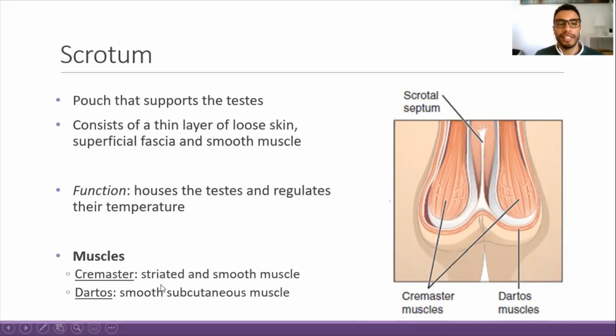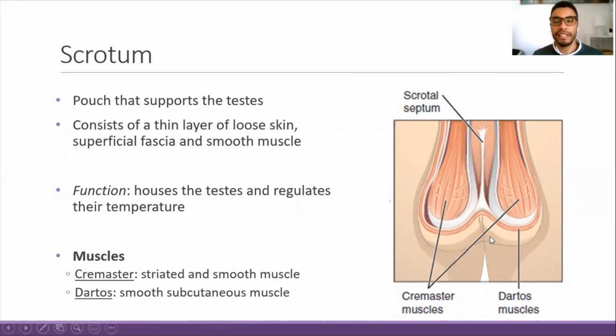The main muscles that constitute the scrotum are the cremaster, that you can see here, which is striated and smooth muscle. Okay, and the dartos is this smooth subcutaneous muscle. Remember that I demonstrated the platysma, which is this muscle here in the neck, a subcutaneous or superficial muscle.